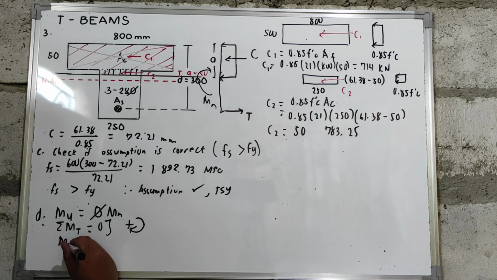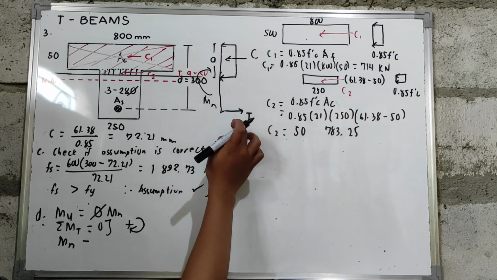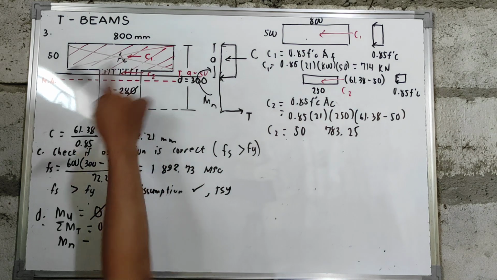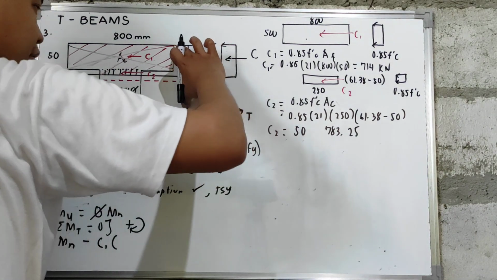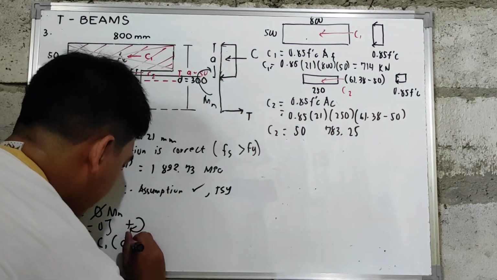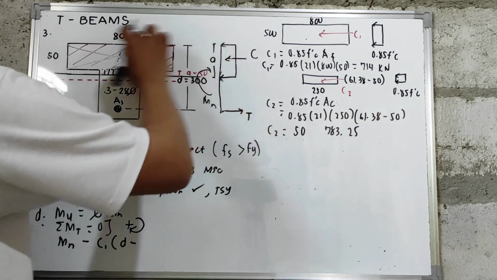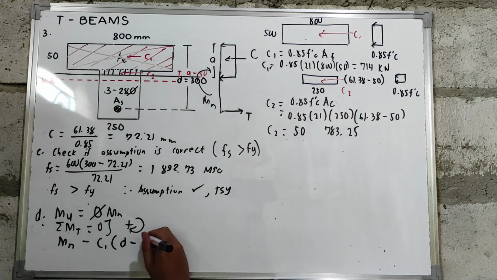So, you have Mn, nominal moment, minus, dito tayo magmo-moment. So, meron tayo ditong C1 multiplied by the moment arm. So, what will be your moment arm? So, from this, meron tayong D minus yung thickness ng flange natin divided by 2.